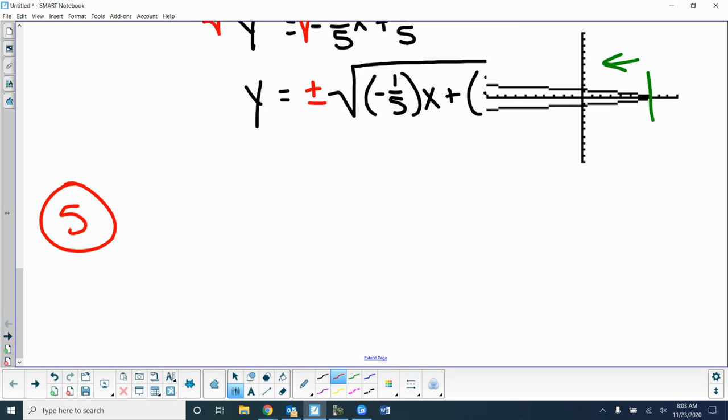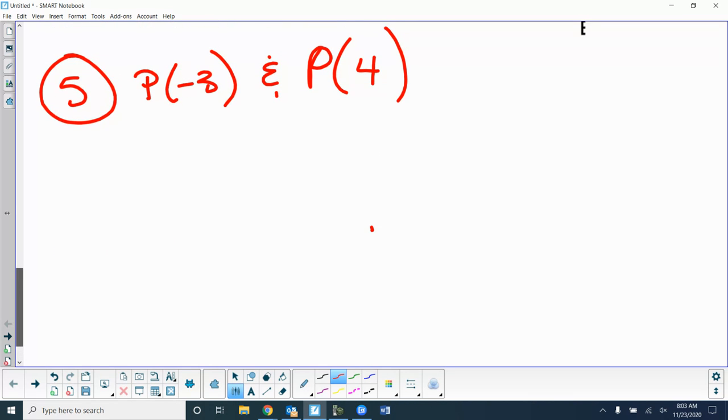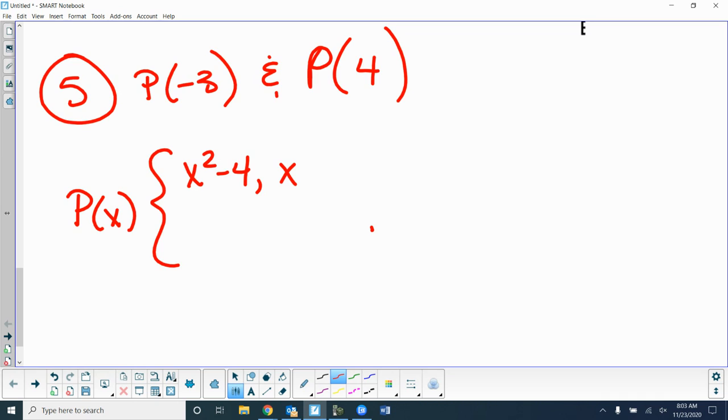All right, so 5, we're looking for p of -3 and p of 4. And p is a piecewise function. P of x is x squared minus 4 when x is less than or equal to 1, and it's negative x plus 5 when x is greater than 1.